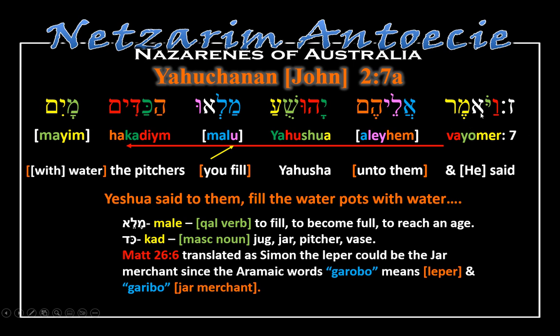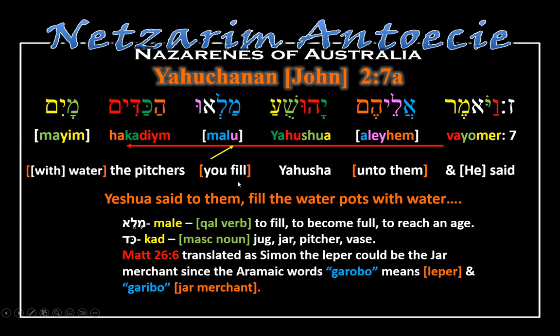Remembering the white ones, they are not pronounced. So we read it. Vayomer, and he said, because there's no marking to tell you who said, it's always a he. Alehem, unto them. Yahushua, or Yahusha, malu, you fill.